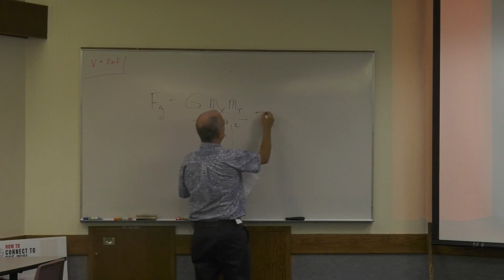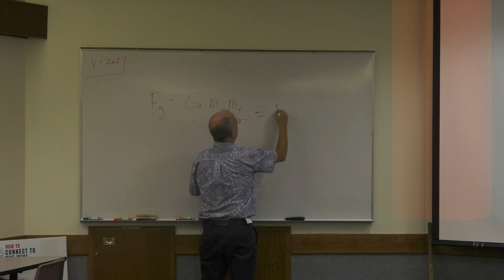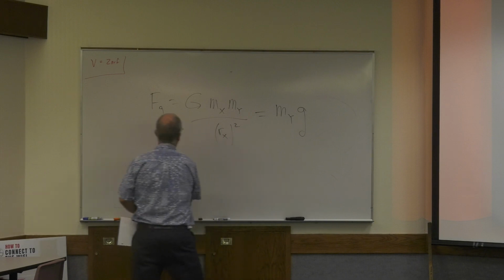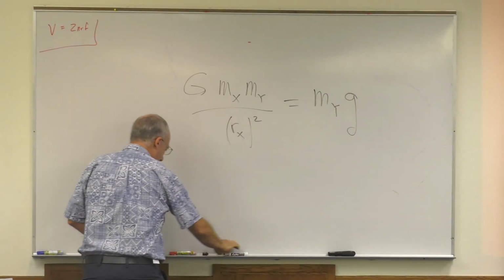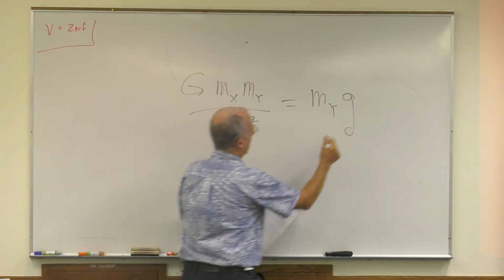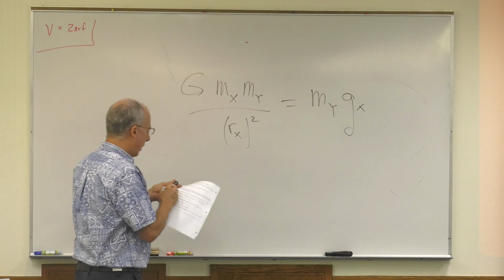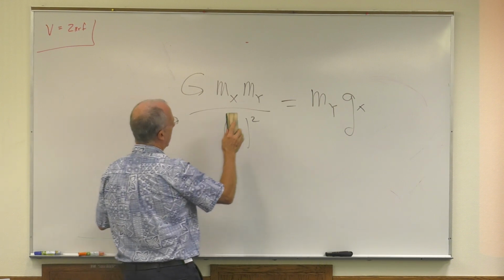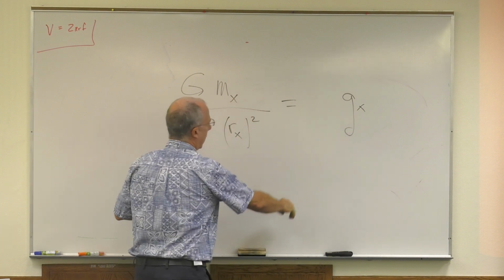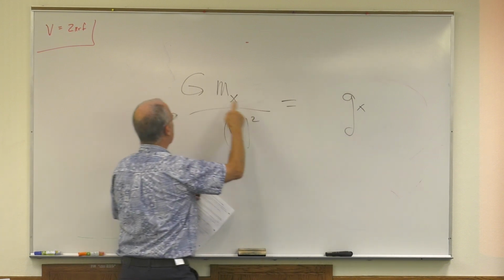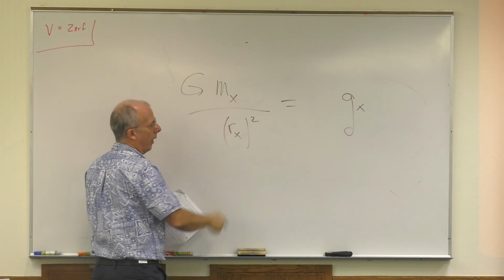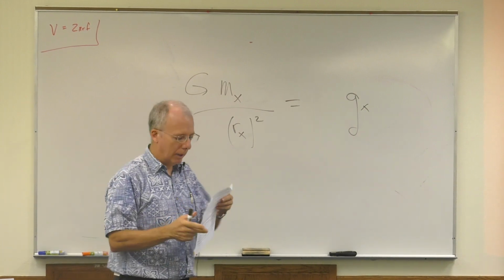And again, that's equal to your weight, which is mass of you times g. So we're trying to find little g x. As before, the mass of you cancels, and the acceleration due to gravity on planet X is G, mass of planet X, divided by the radius of planet X squared, which you should not be so surprised about.